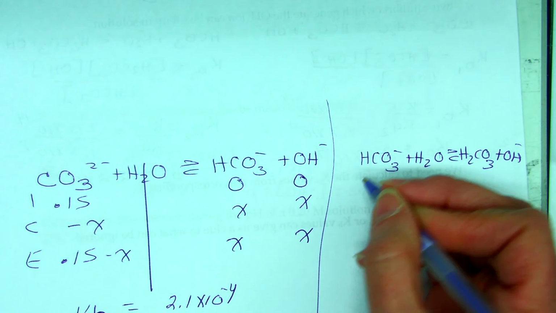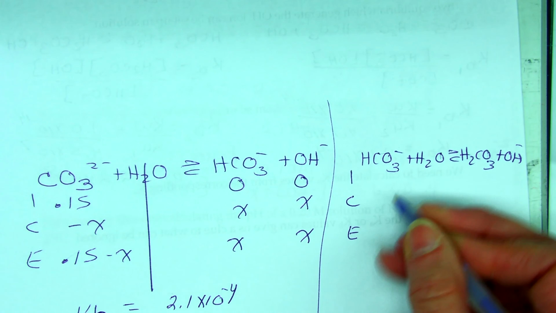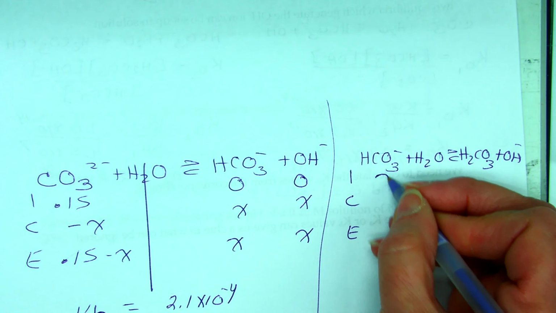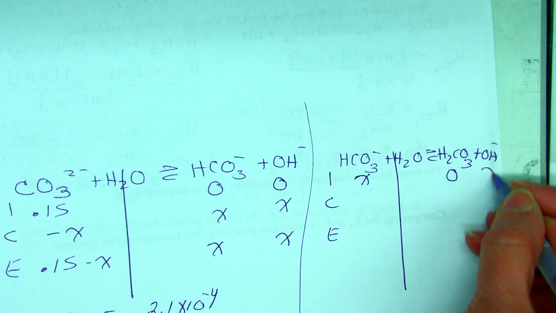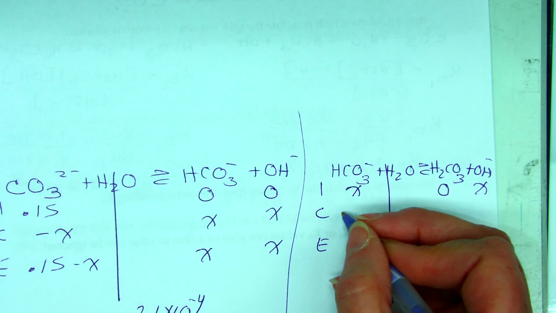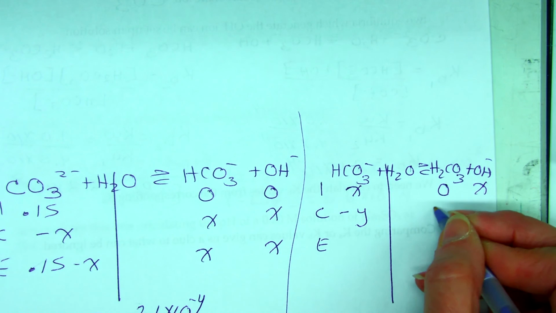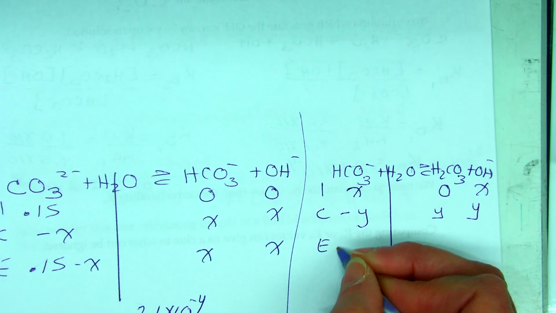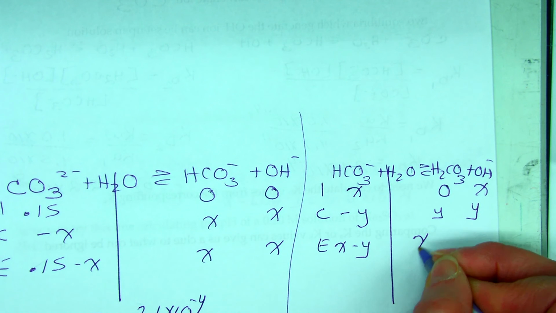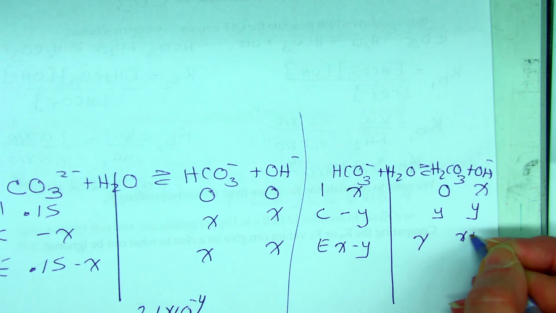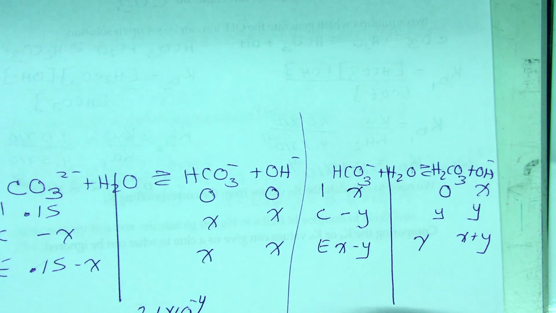Over here, I set up my ICE chart. My hydrogen carbonate starts at x. My carbonic acid is 0 and my hydroxide is x. So now I have minus y, plus y, and y. At equilibrium, x minus y, y, and x plus y. And my Kb2 here was equal to 2.2 times 10 to the negative eighth.